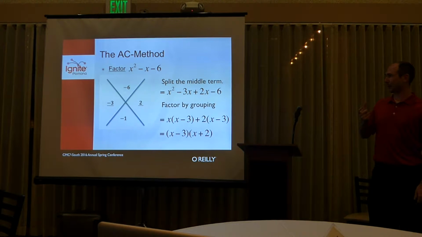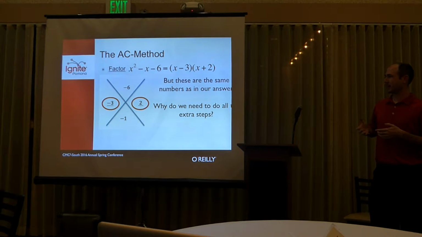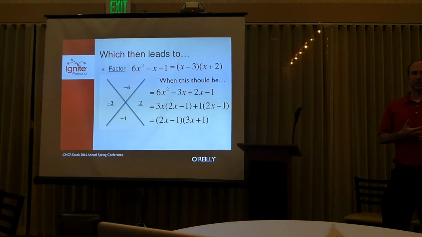We find the -3 and the 2, and then we do all this factor by grouping, and it takes a very long time, and once you get further into the courses, you really don't want to do this process. So students even notice, why am I doing this? -3, 2, look, I'm done. And once again, we don't want to teach it either, so they catch up on that.